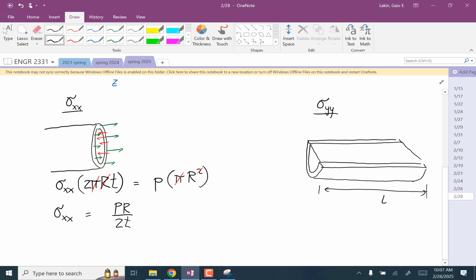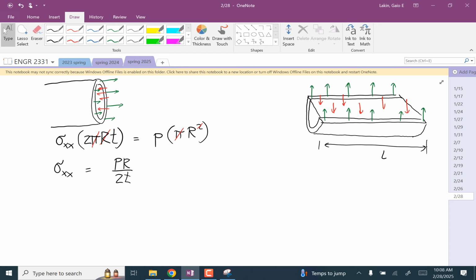It's like part of a Subway sandwich. And the material is pulling like this. The fluid is pushing like this. And setting those forces equal, you have sigma yy times the area of those two rectangles. The area of one of those rectangles is the wall thickness times L, and there's two of them, so this is 2Lt.